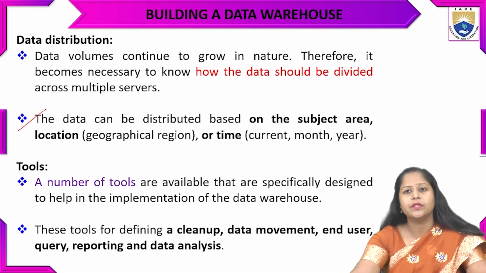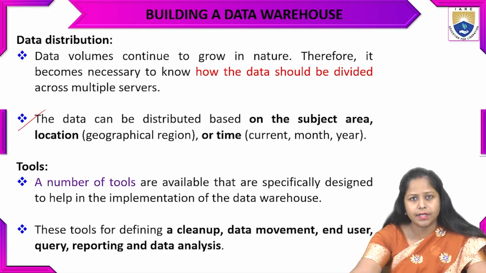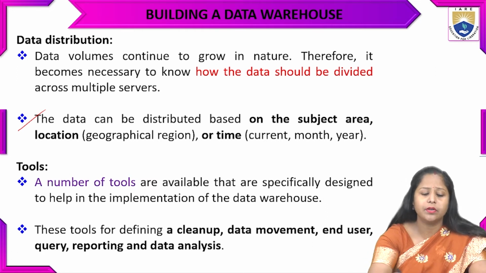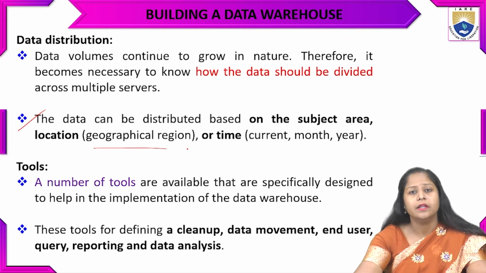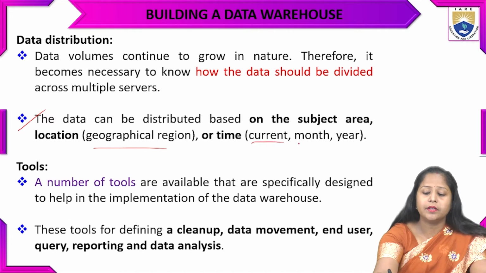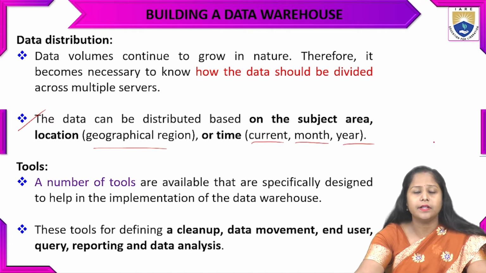The data can be distributed based on the subject area, based on the location, or based on different times. That can relate to the subject area, the domain knowledge, the geographical region, and the data can be of the current month, current year, right? Current time, current month, current year. Like that, data distribution plays a part in the data warehouse implementation.